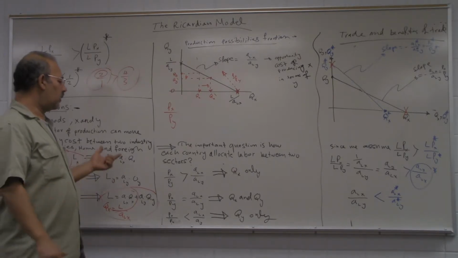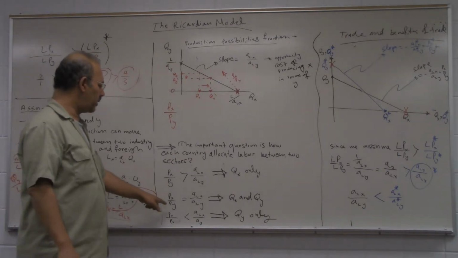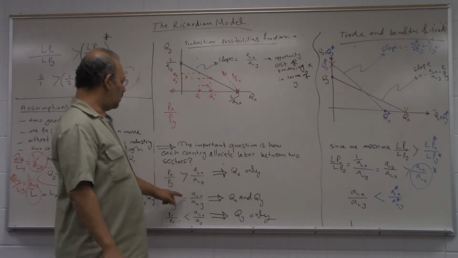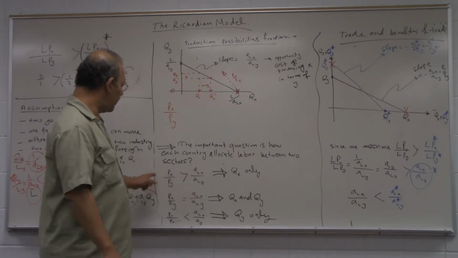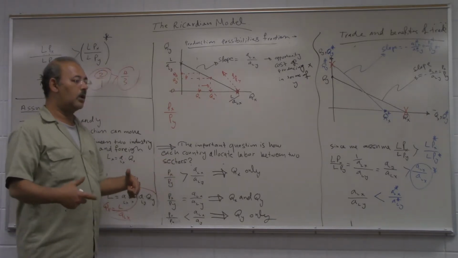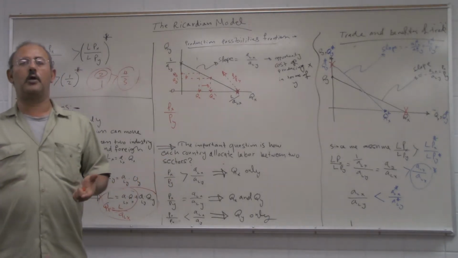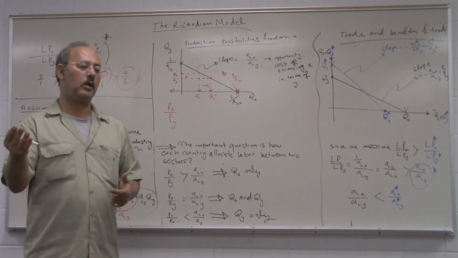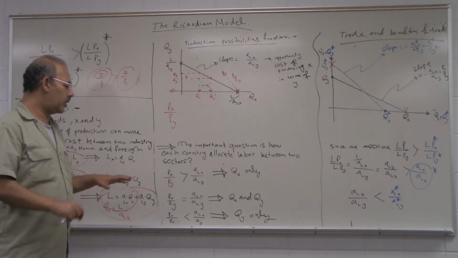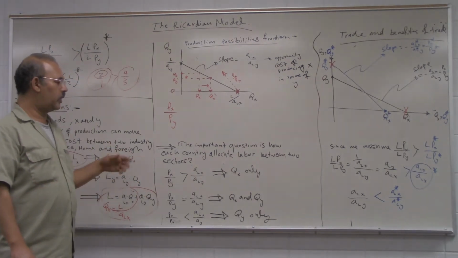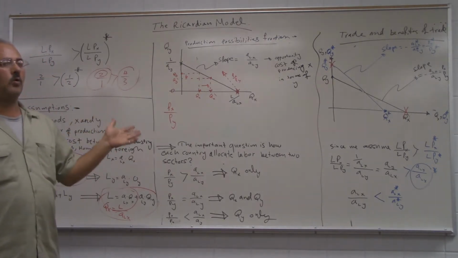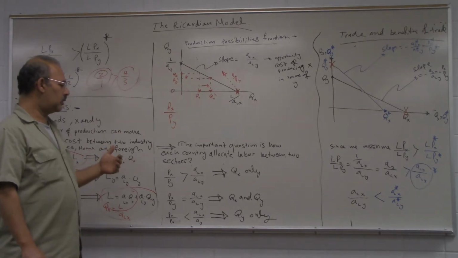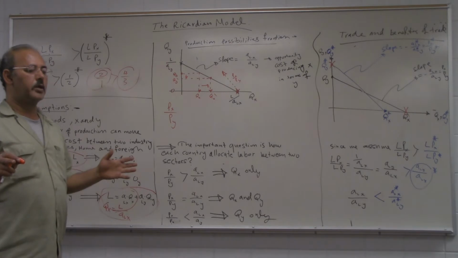Okay, what happens if relative prices are equal to the opportunity cost? The relative price of good X is equal to the opportunity cost of producing good X in terms of good Y. Therefore, in this case, there is no difference between producing good X or good Y, because there is no profit and the wages in the two industries are the same.